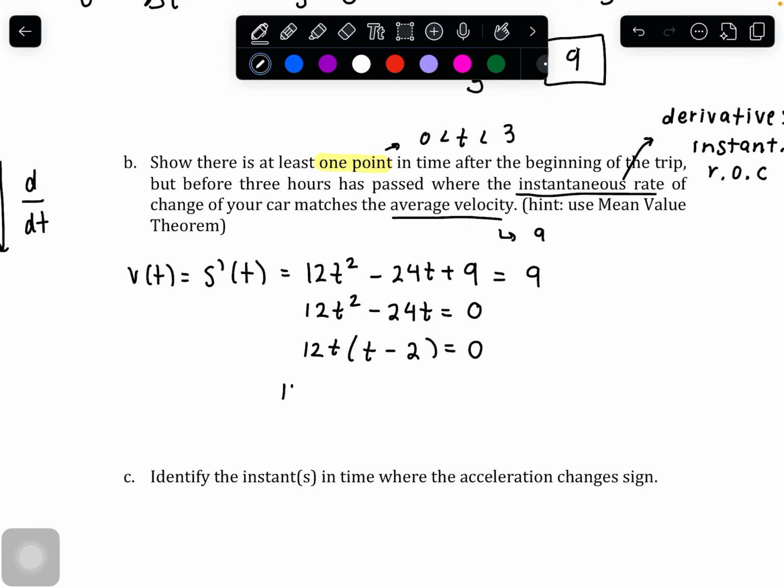So this is true when 12t is equal to 0, or t minus 2 is equal to 0. So we get t equal to 0, t equal to 2. But it says after the beginning of the trip, so it looks like t equals 2 is going to be our answer.